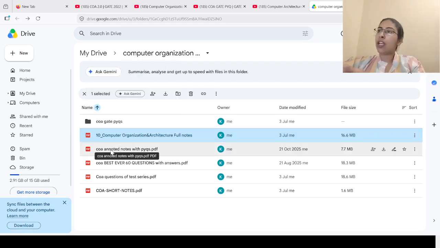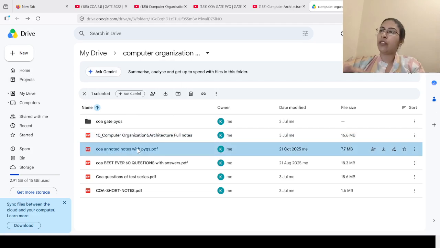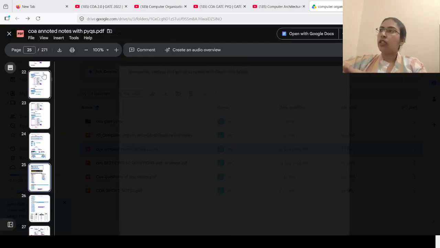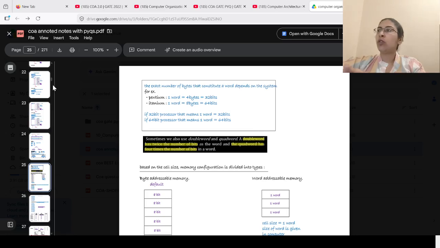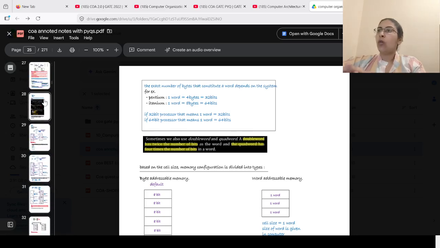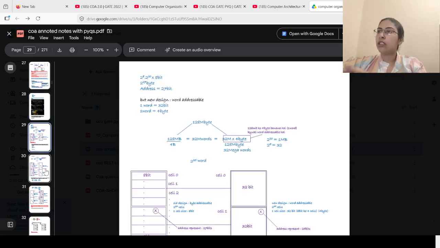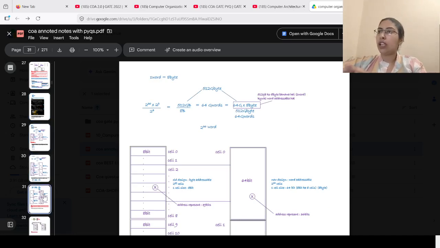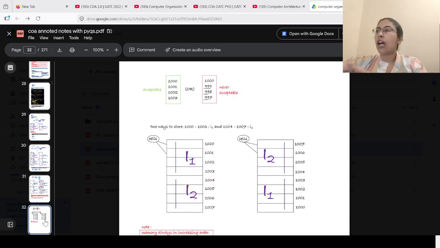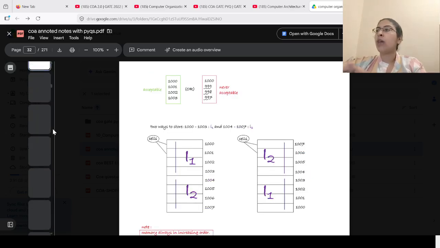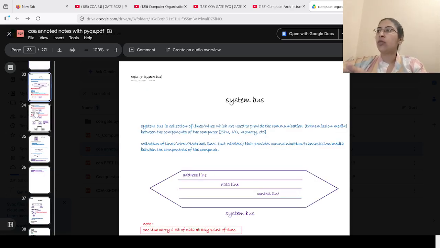Next is COA annotated notes with the PYQs. So these are the annotated notes with the PYQs. All the PYQs are solved in this list. Like these are the GATE 2000, GATE 2 marks questions, like everything with the short notes I have prepared on the tab and then I have shown it here.